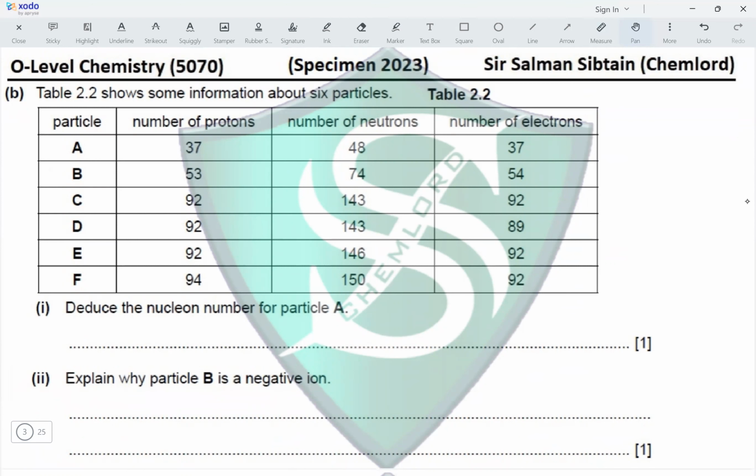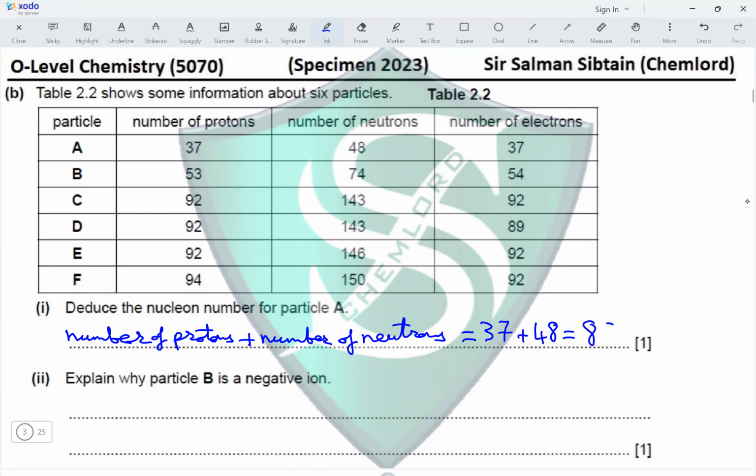Part 1 asks us to deduce the nucleon number of particle A. A nucleon number is the number of protons plus number of neutrons. So in the case of particle A, number of protons is 37 and the number of neutrons is 48. When we add these two numbers together, we end up with a value of 85.